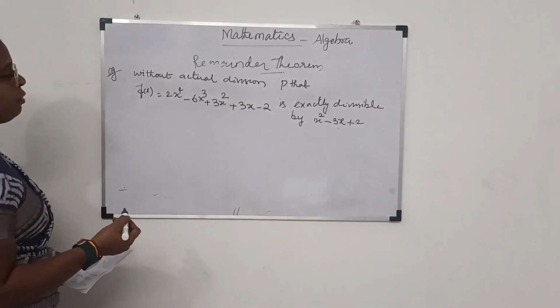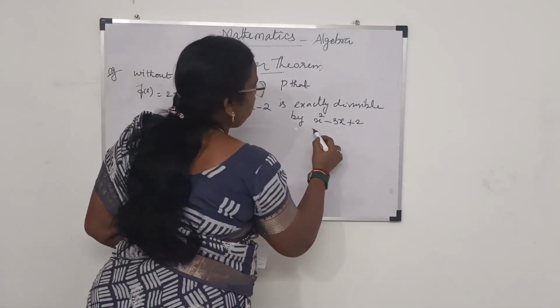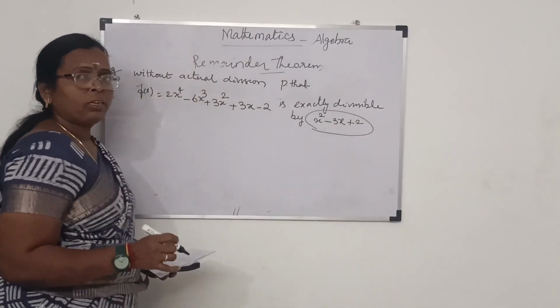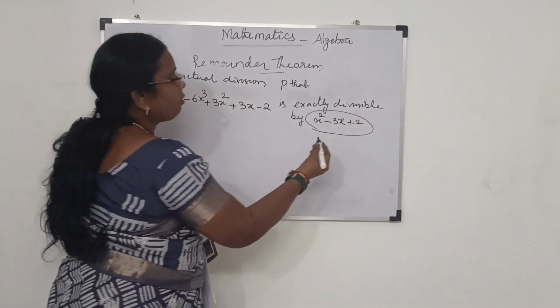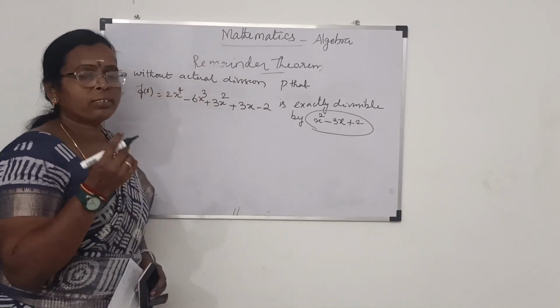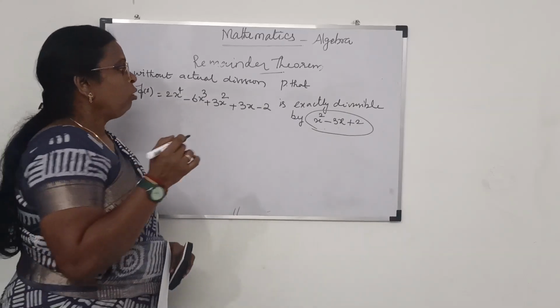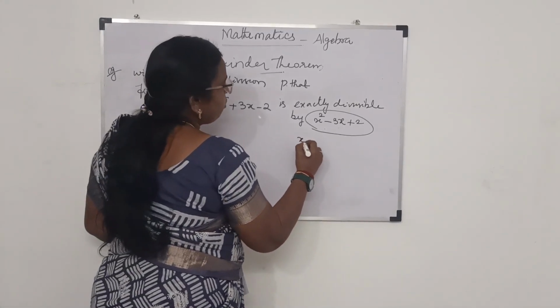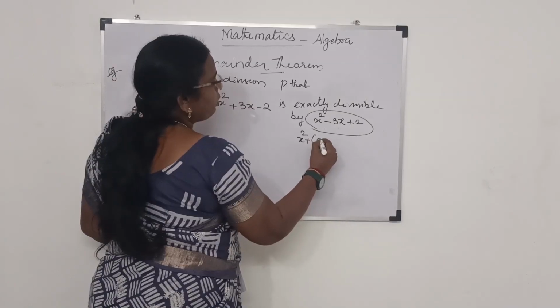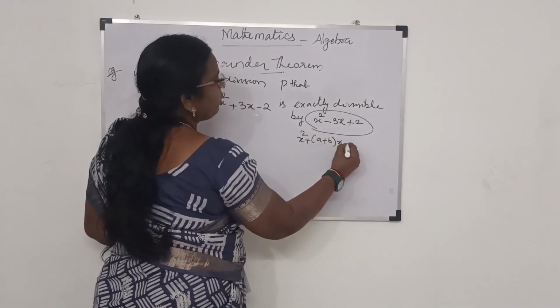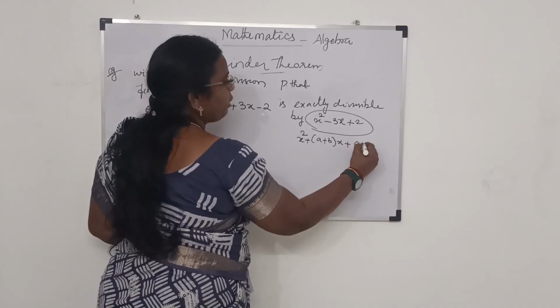But as it is given in the form of a polynomial, how to do this? We have to find the factors. In the 8th standard itself, we have learnt about factorization. So generally, what is the factorization? x square plus (a plus b) into x plus a into b.